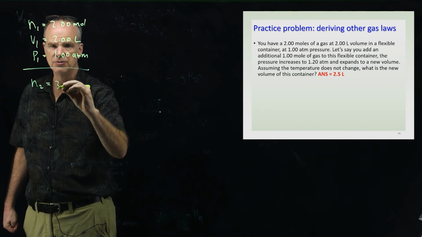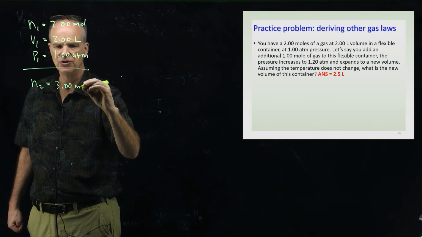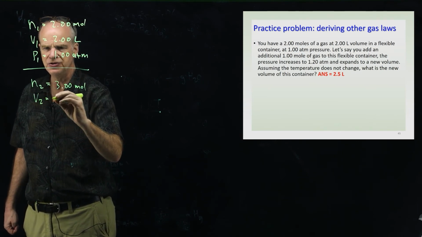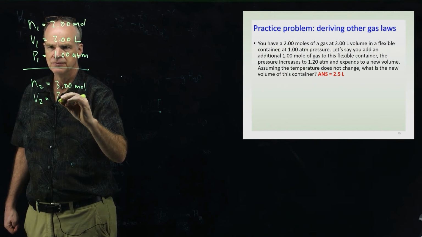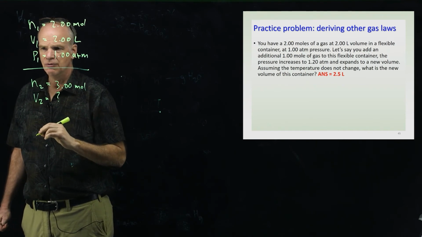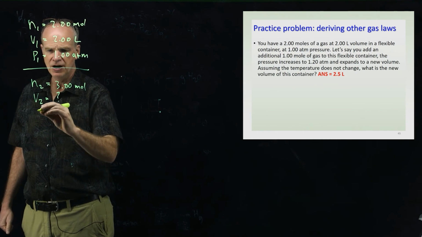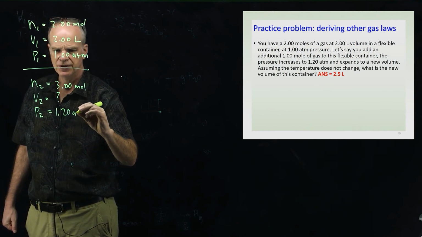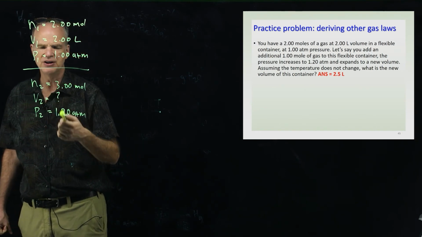So the new number of moles is 3.00 moles. We're trying to find the new volume V2, right? And also, we are given the new pressure, which is 1.2 atmospheres.